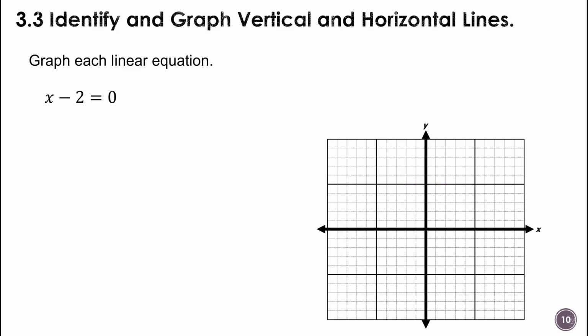Okay, so in order to graph this, we have to solve this for x. So we're going to add 2 to both sides. And we find that x equals 2. And that is going to be the graph of a vertical line, right? This one's vertical. It goes through the x-axis at (2, 0).